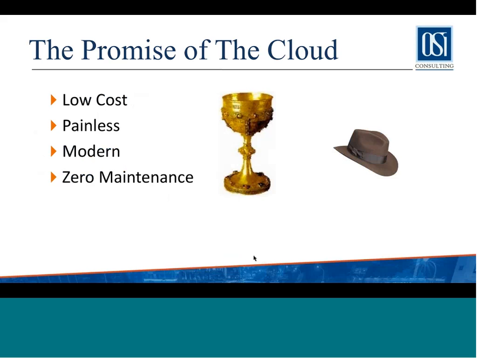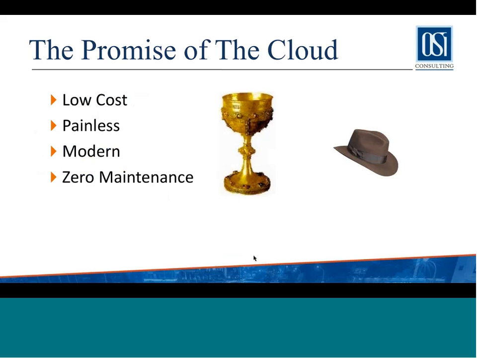So the promise of the cloud. Everyone on this call, as you probably know, the cloud is supposed to be the promised holy grail for all of our IT woes. It provides a low-cost, use-as-you-go kind of solution. It's supposed to be totally painless and pain-free. It would be modern because you would not be on a release that is now 2 years old because you haven't done your roll-up patches.